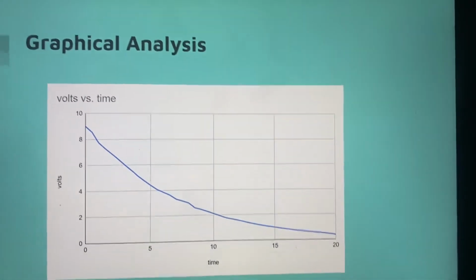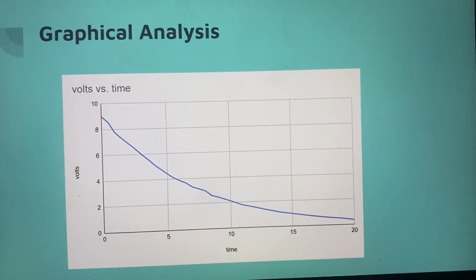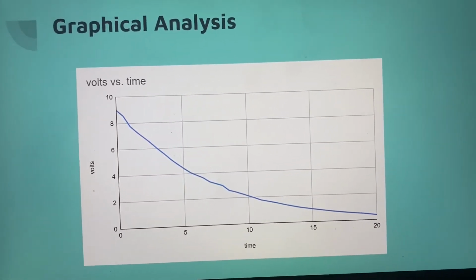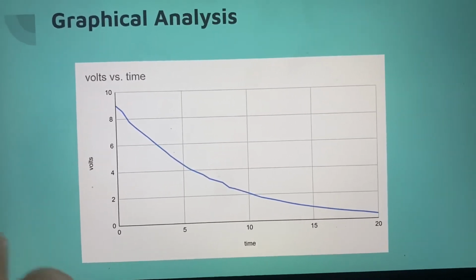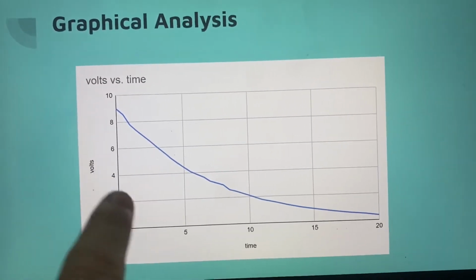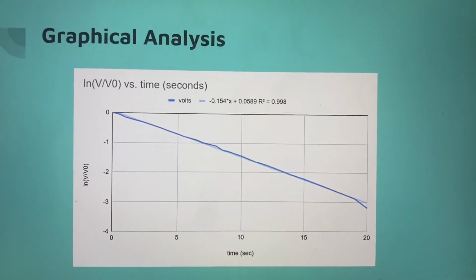And this is the graphical analysis of the potential difference versus time for the light bulb and capacitor. It starts very high and then decreases exponentially.